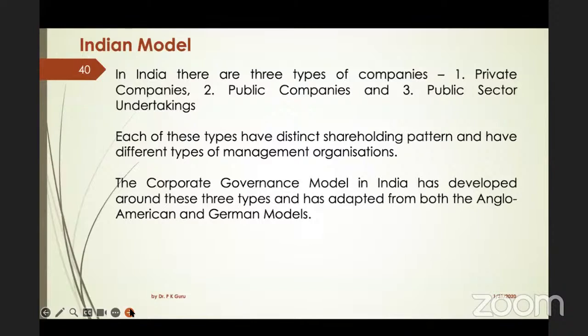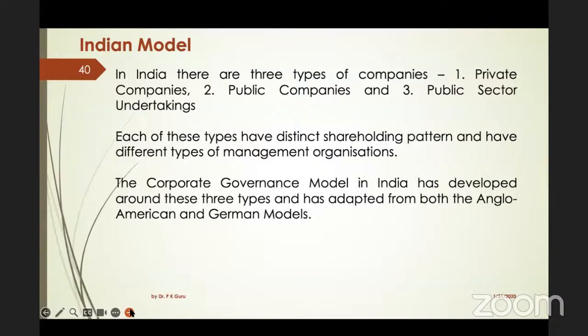Then public companies. Public companies are those who have issued shares, whose shares are traded on the exchange. And public sector undertakings are 100% Government of India subsidiaries or companies, where the President of India is the sole shareholder. But again, these companies also have to follow the rules as per the Companies Act.